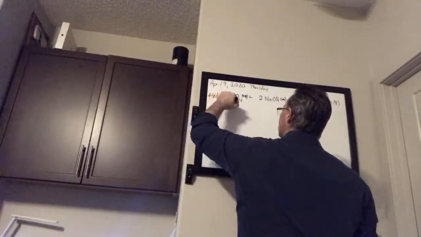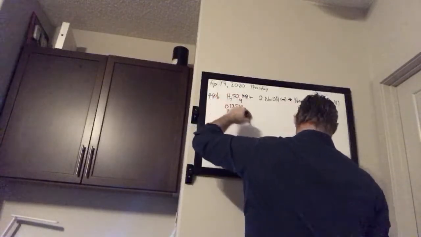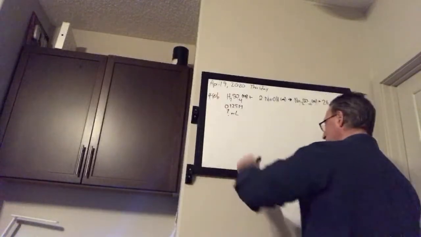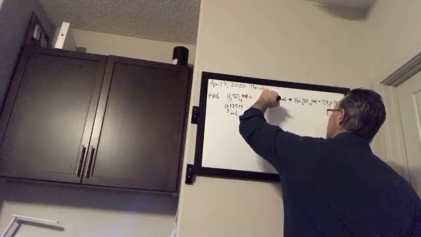So the sulfuric acid is 0.125 molar. You're asked how many mLs are going to be needed. The NaOH is 0.2 grams.